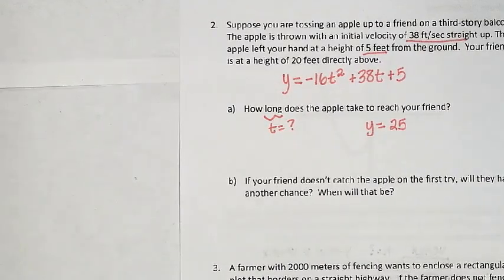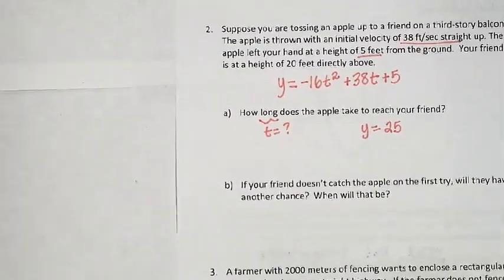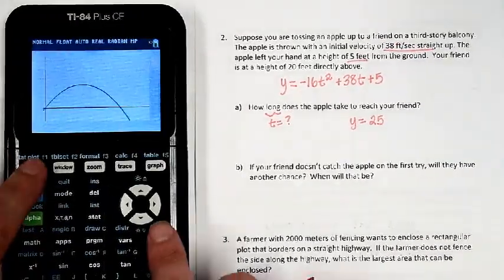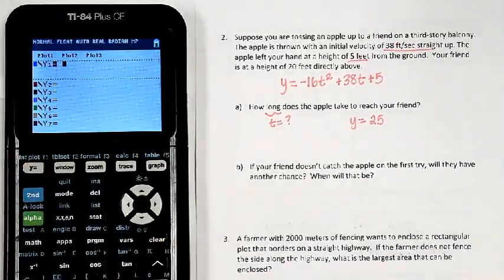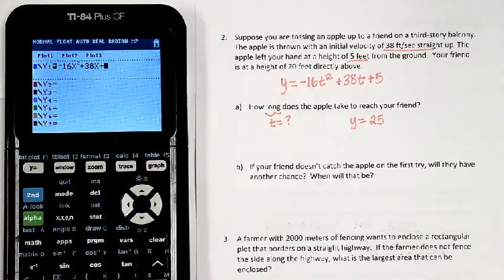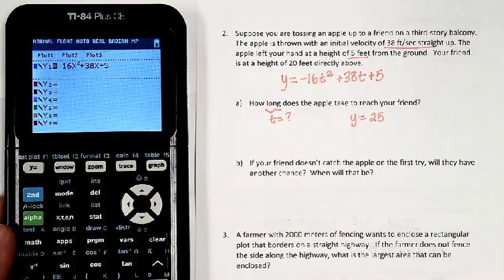All right, now we're going to do this one slightly different. So we're going to go into your calculator, and y equals, we're going to do the negative 16t squared plus 38t plus 5. Now, in our options, when we calculate value, we have to input an x.